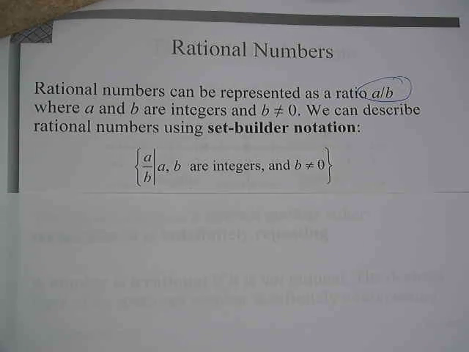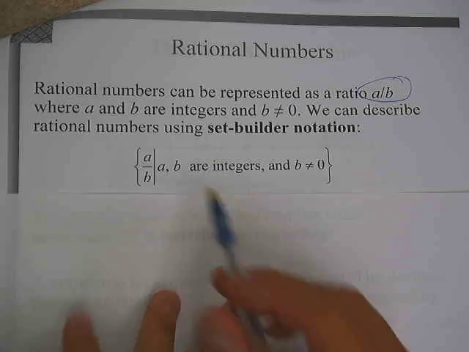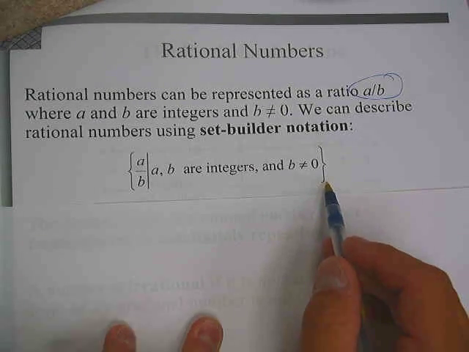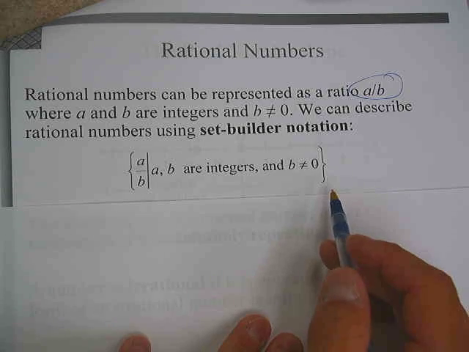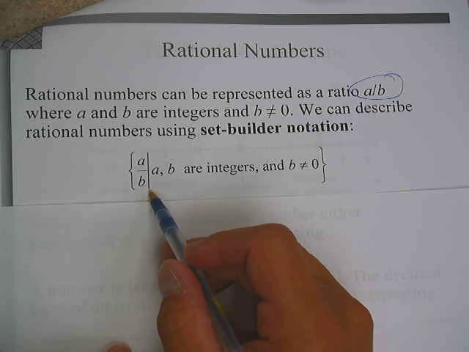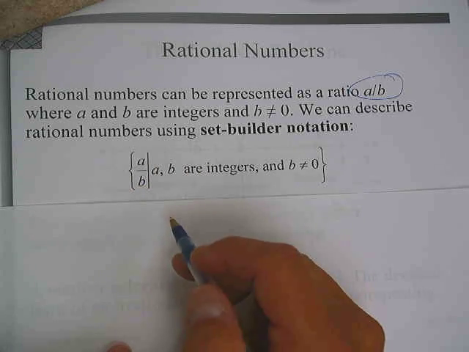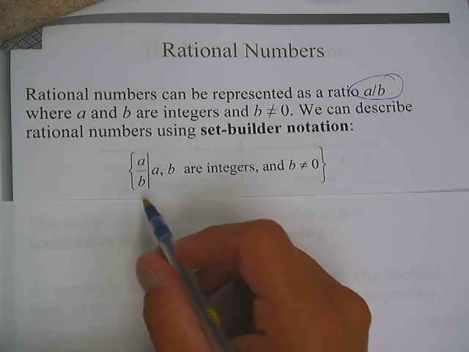Now, one part of this that we're going to look at is what we call set builder notation. There are a couple of key elements to the set builder notation that we're going to see throughout the book. First of all, notice that we have the braces around the outside of the statement. The other key sign is this vertical line that separates these two parts.